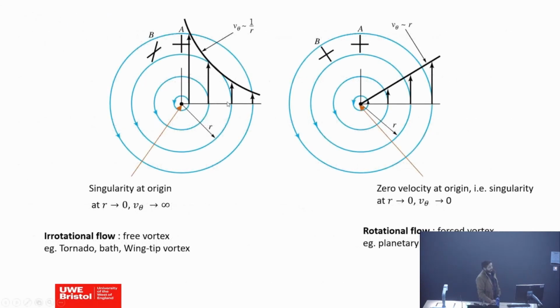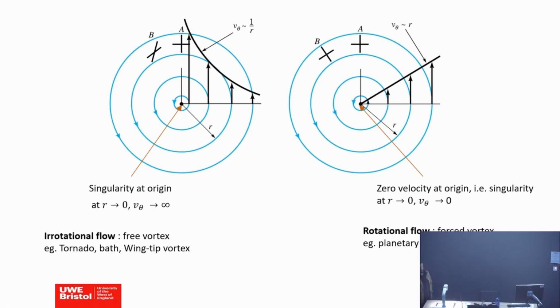So graphically, just repeating what I've said, this is an irrotational vortex flow where the circumferential or tangential speed, v theta, varies as roughly 1 over r, or a constant over r. When r goes to 0, the tangential speed blows up to infinity.